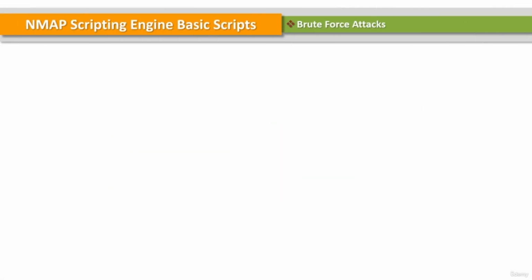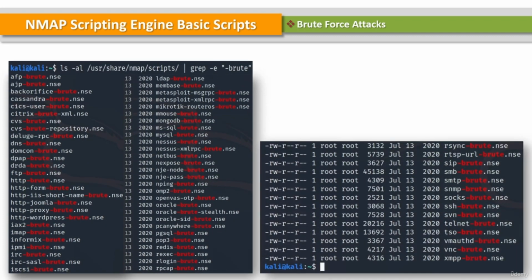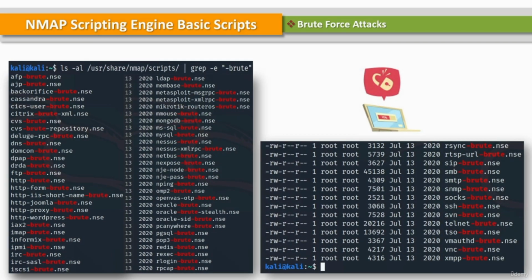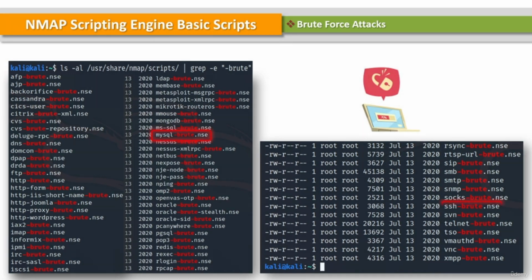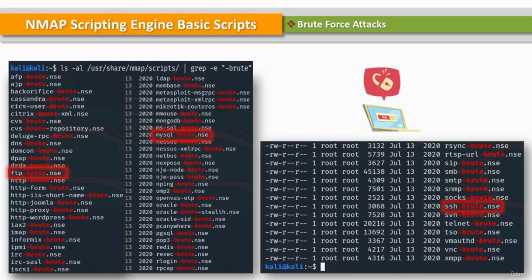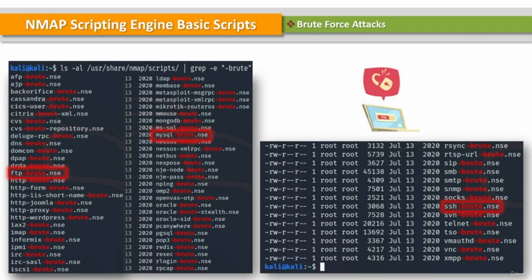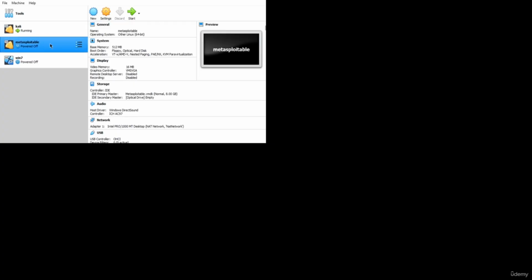Nmap has multiple brute scripts. If we list out the scripts, you can see nmap has multiple scripts that vary from technology to technology. So in this lesson, we're going to use the mysql-brute, ssh-brute, and ftp-brute scripts, and we'll test the Metasploitable 2 machine. You ready to try these scripts?